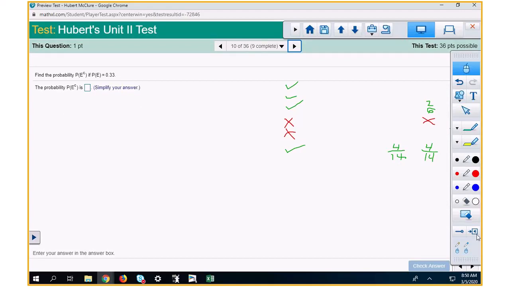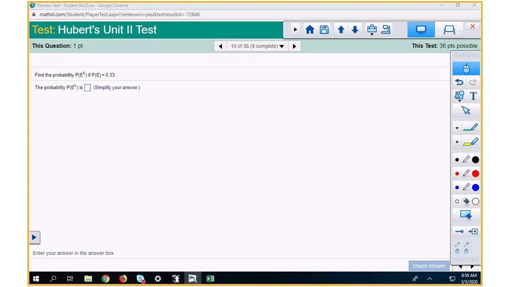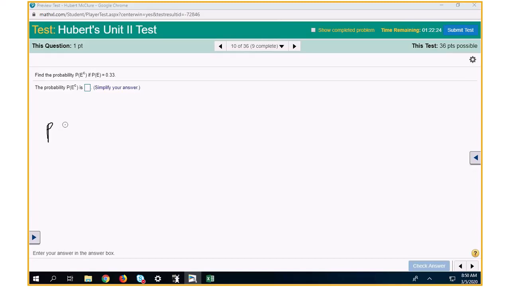Okay, this is the second most missed question. Why? Because it's so simple and it pulls out something that not a lot of people know, and that is that P of E to the C is the same as P E with a line over it, or P E with a big red X through it.